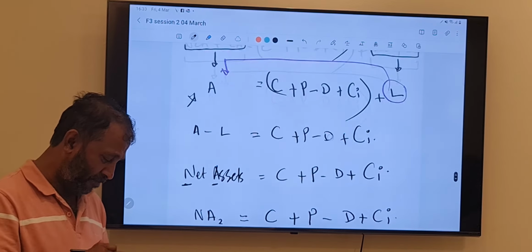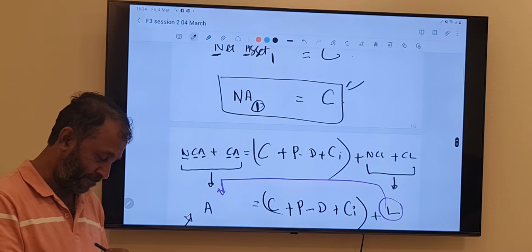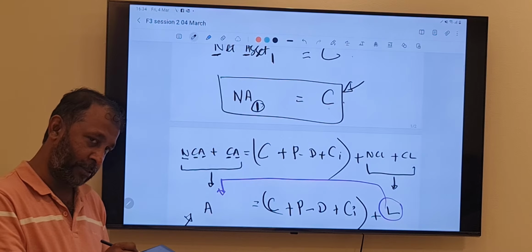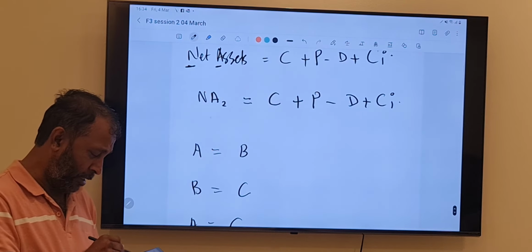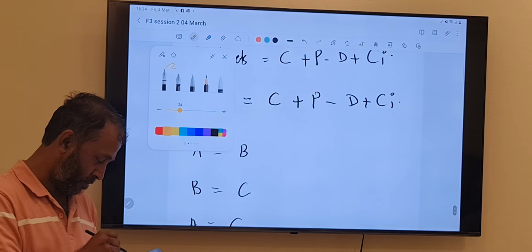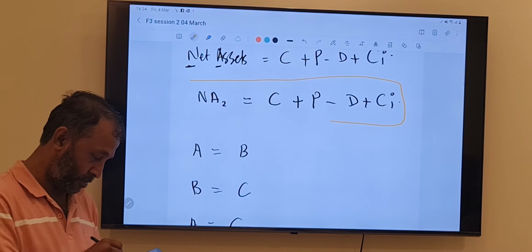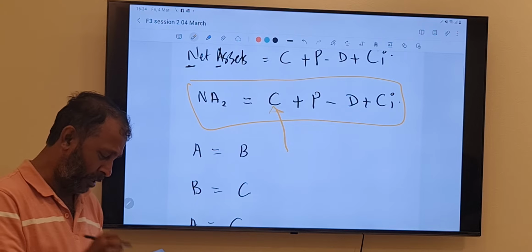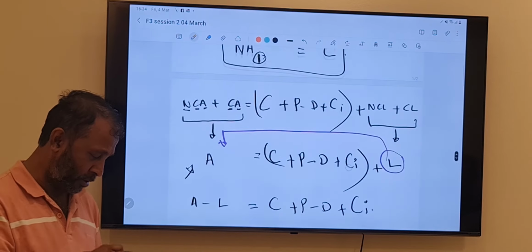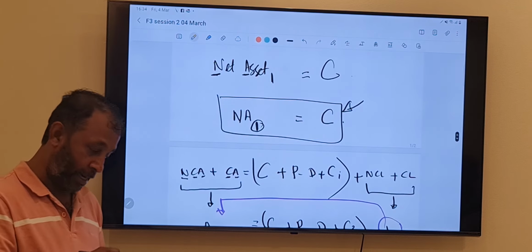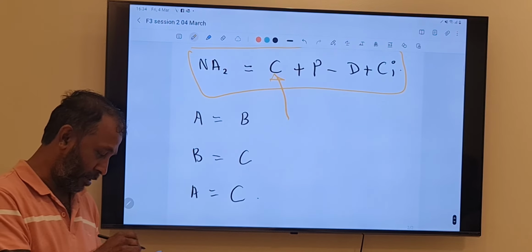Now you see, I have an equation here. NA1 is equal to what? C. Correct? Now here, in this equation, I have this C. Instead of this C, can I use NA1? I can use it, right? So we'll do that now.